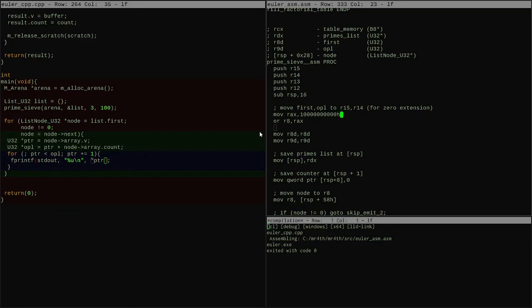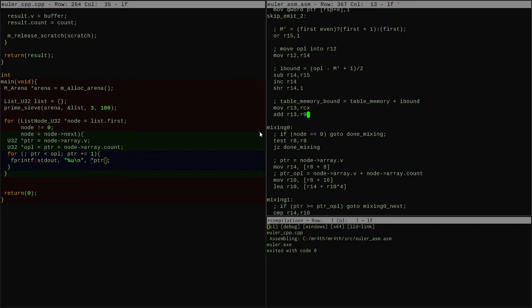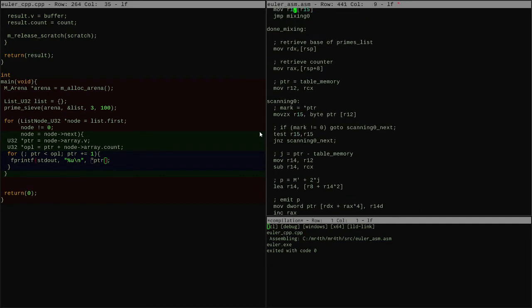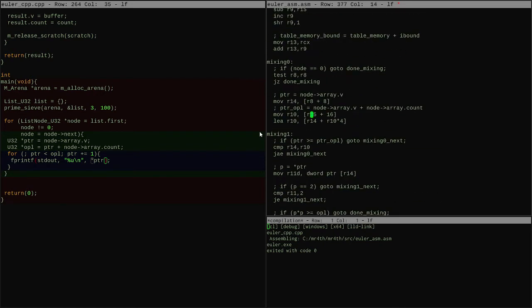Okay, so now we've introduced bugs. So let's undo all the changes we made to this code. So it's back to the original structure.